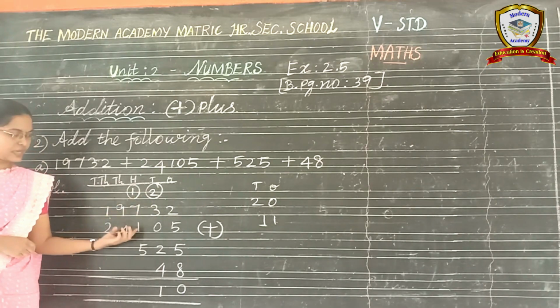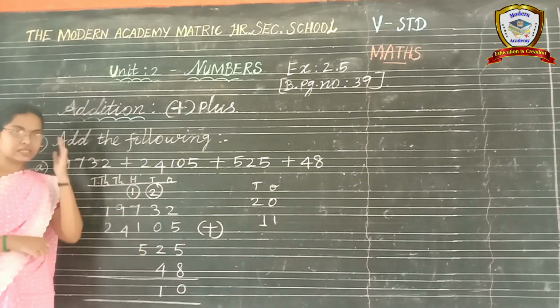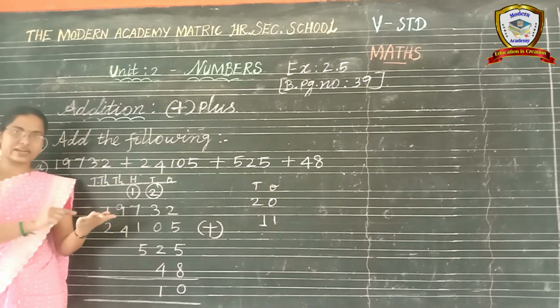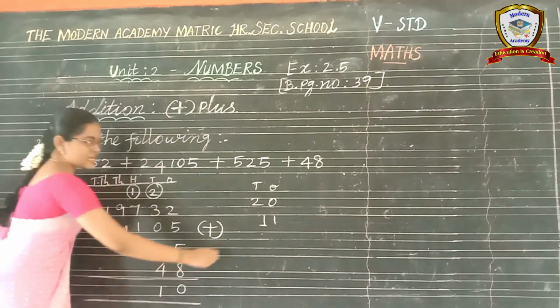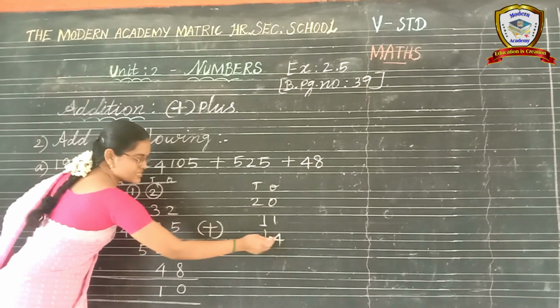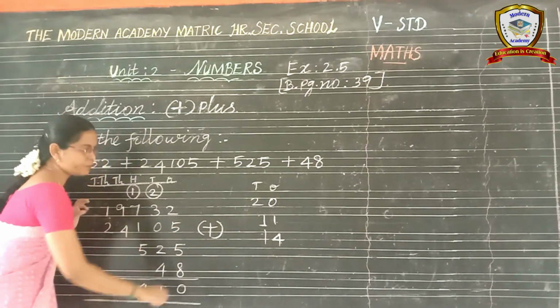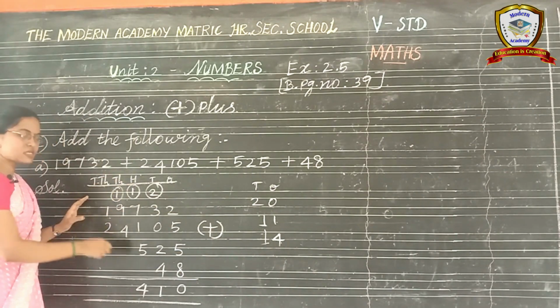So 8 plus 1 is 9. 9 plus 5, 9 in the mind, 5 in the fingers, 9 after, 10, 11, 12, 13, 14. So what is answer? 14. Ones place number 4 we have to write down. Next, tens number 1 have to carry over to thousands column.